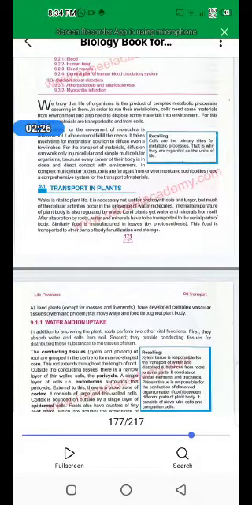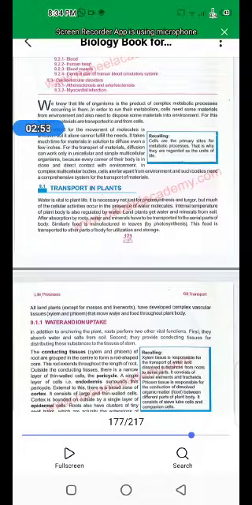First of all, water is vital to plant life. Number one, it is necessary not just for photosynthesis and turgor, but much of the cellular activities occur in the presence of water molecules. Number two, the internal temperature of the plant body is also regulated by water.